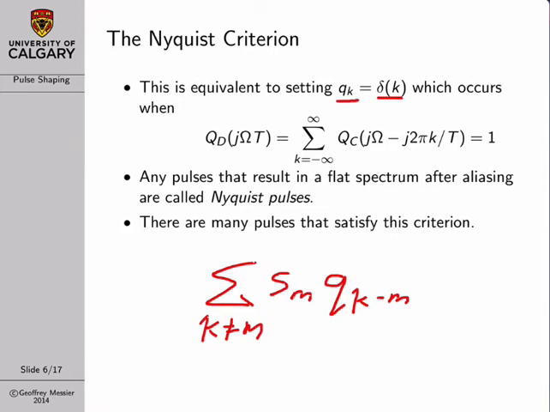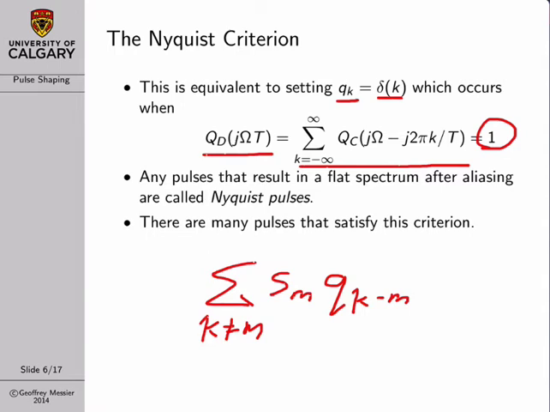And so we're going to set that cascaded filter response to have an impulse response equal to a delta function. What this basically means is that when you take the Fourier transform of a delta function, you get a constant. And so we want the discrete time spectrum of the signal at the output of the match filter, which is equal to the aliased version of the continuous time spectrum, we want it equal to a constant.